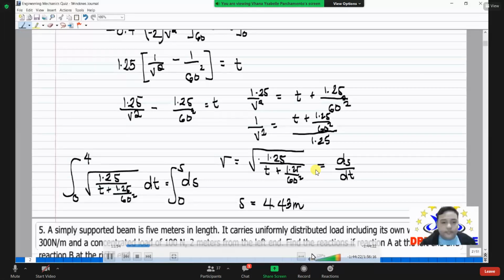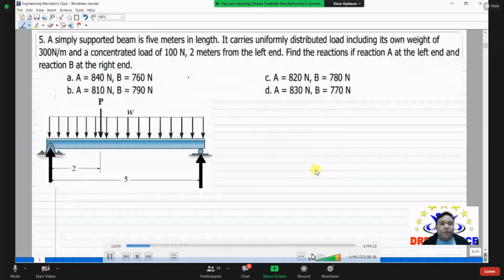Next, number 5. Okay, may figure na tayo. A simply supported beam is 5 meters in length. Now, it carries a uniform distributed load. So as you can see, when we say uniformly distributed load, so rectangle lang siya na distributed load. So including its own weight, that is equal to 300 newtons per meter.